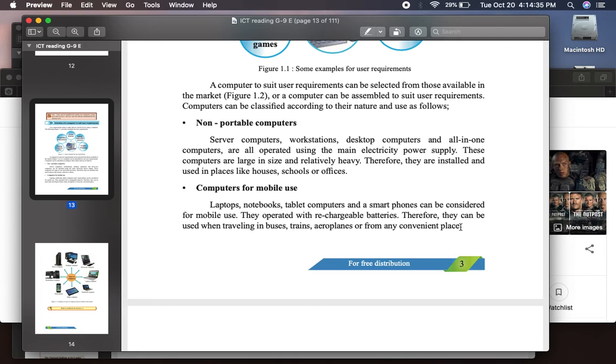There are many places like restaurants, cafes, other public places that offer users with mobile computers or laptops, notebooks, tablets, or even smartphones facilities to recharge their batteries, Wi-Fi connectivity.